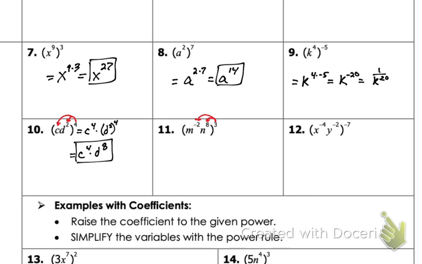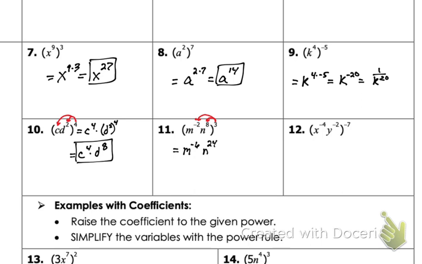Let's go through this. I should have m to the negative 2 to the 3 would be m to the negative 6, because 3 times negative 2 is negative 6. And then we'll have n to the 8 times 3, which should be 24.